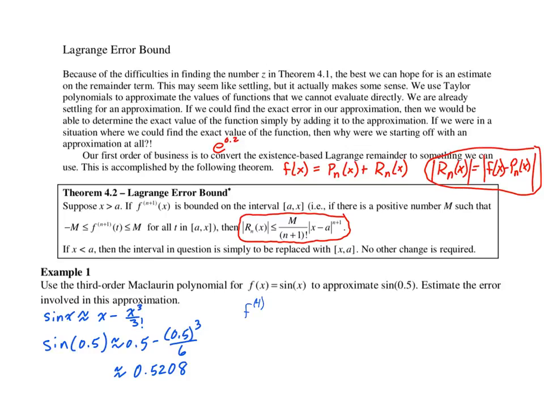So it's our fourth derivative at some number z over 4 factorial, times the number that we're evaluating at, which is 0.5, raised to the 4th power. And it's actually 0.5 minus 0 because we're centered at x equals 0.